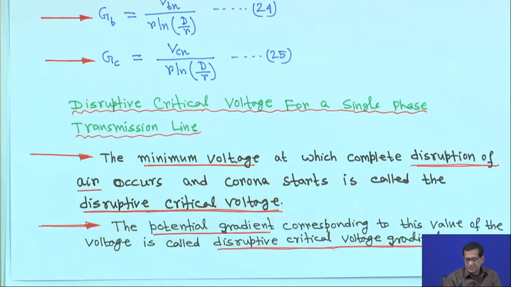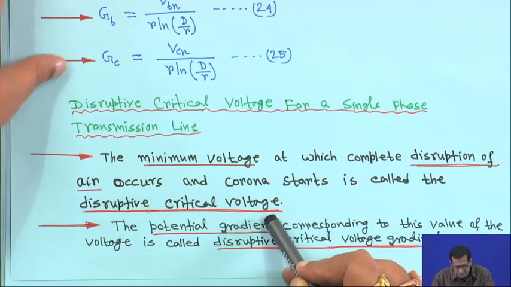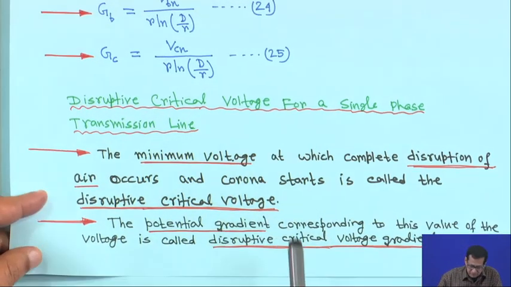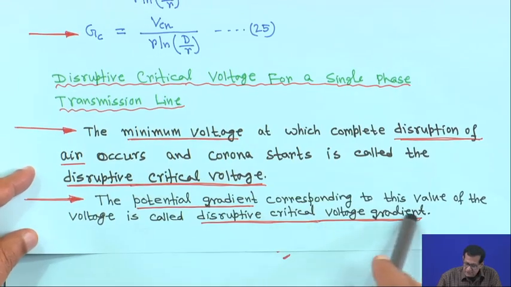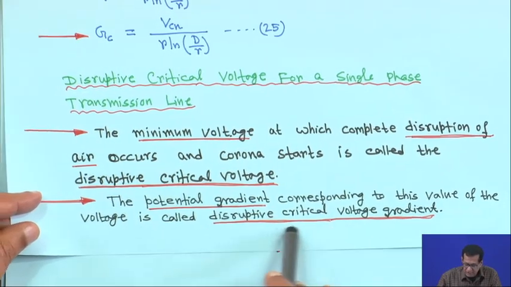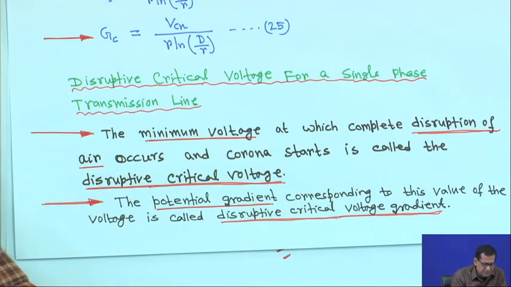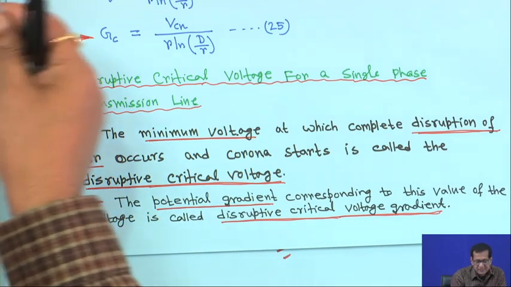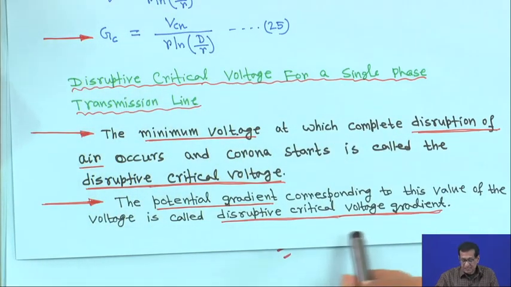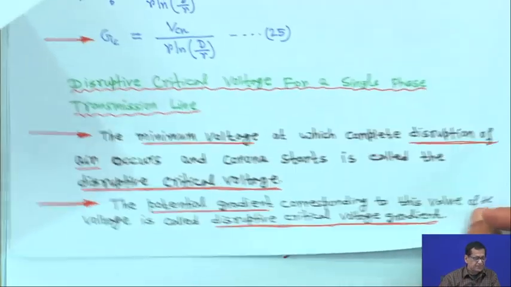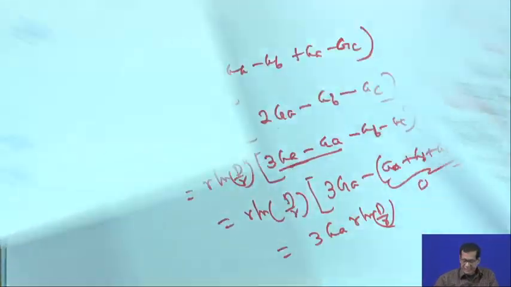Now, the potential gradient corresponding to this value of the voltage is called the disruptive critical voltage gradient, right.